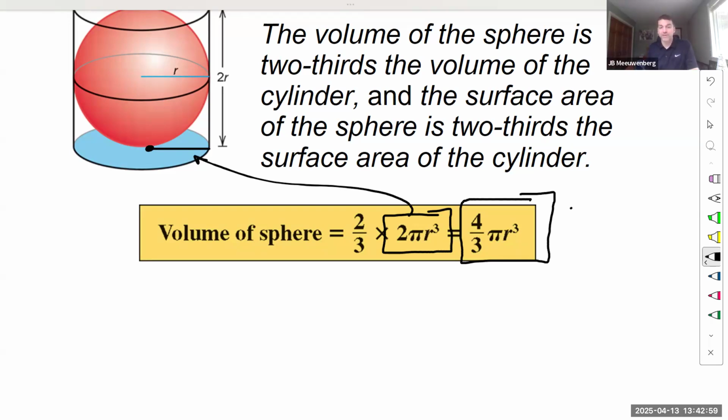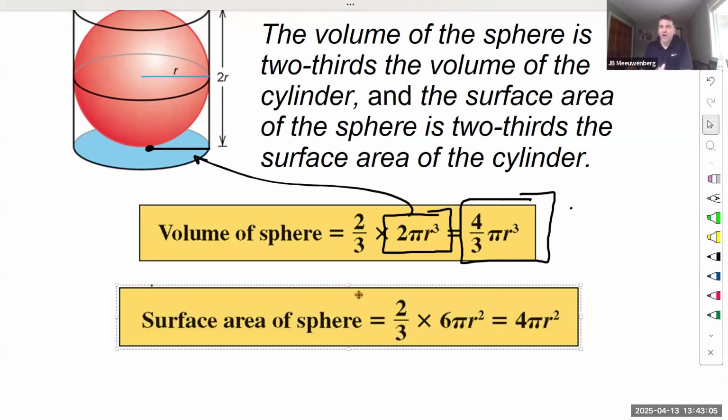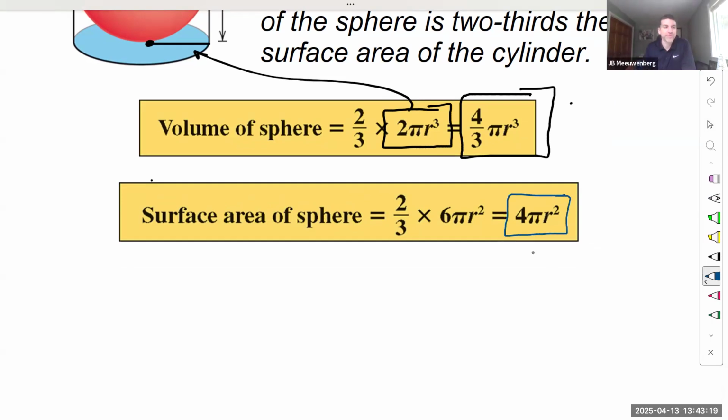For the surface area, we worked earlier with the surface area of the cylinder. Again, it's 2/3 of that. And so the surface area of the sphere, of a ball, is interestingly 4 pi r squared. Remember, pi r squared is the area of the circle, and you multiply that by 4.